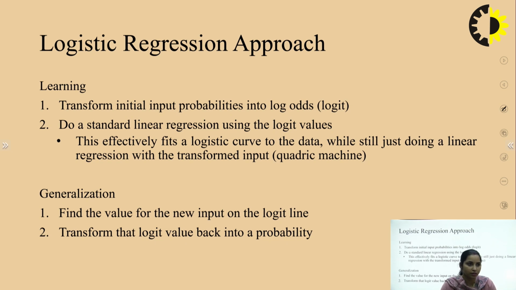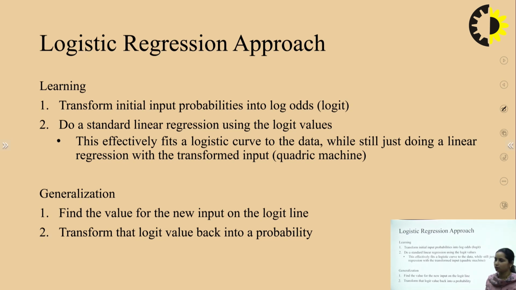It follows a learning approach and a generalization approach. In learning, it transforms the initial probabilities into log odds and does standard linear regression using the logit values, and this effectively fits a logistic curve to the data.